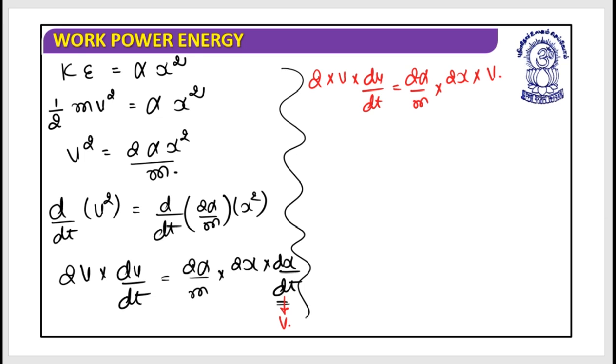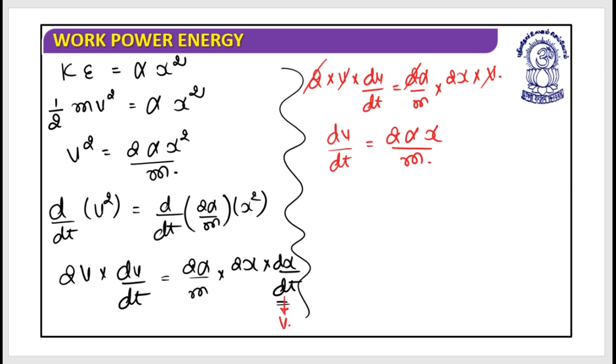I hope this is clear. Is it clear? If I solve this, this 2 and this 2 are gone, this velocity is gone. So I am left with dv by dt, which should be equal to 2 alpha x divided by m. This is the dv by dt.